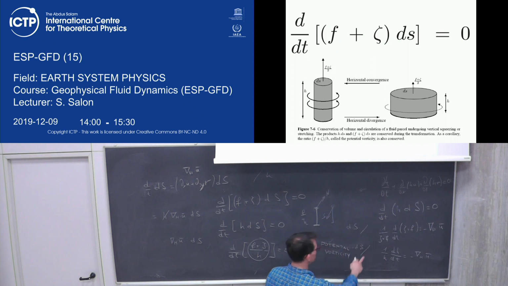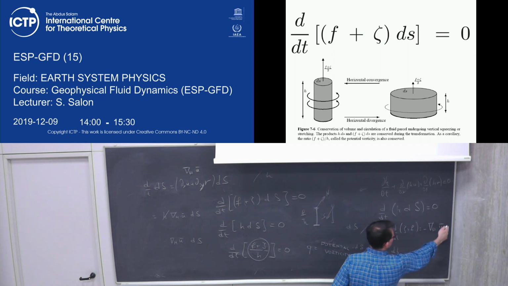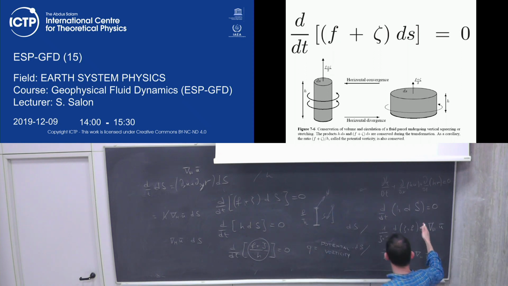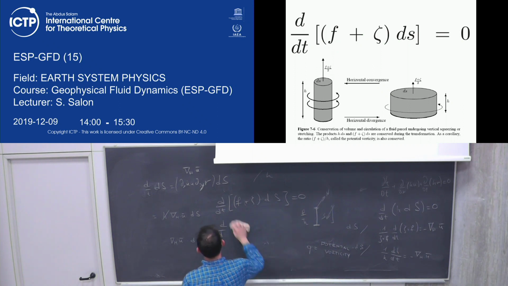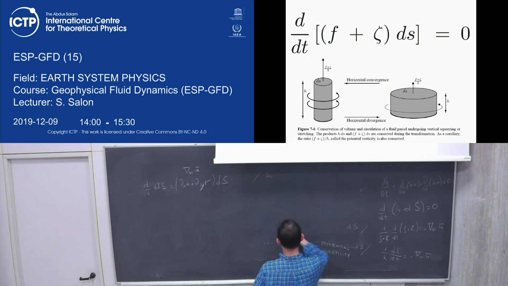You can also, for example, do that from here: you multiply this by zeta plus f, and you have zeta plus f here. Here you can leave it like this. Yes, you can just keep this one. If you like, we can do it, just to not leave anything.